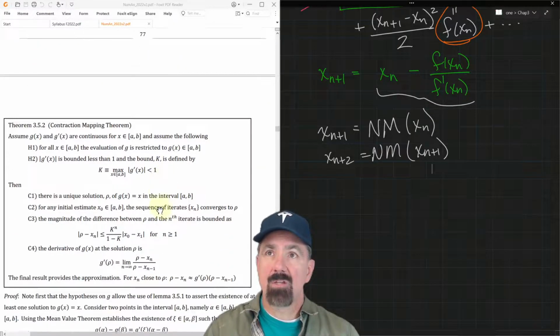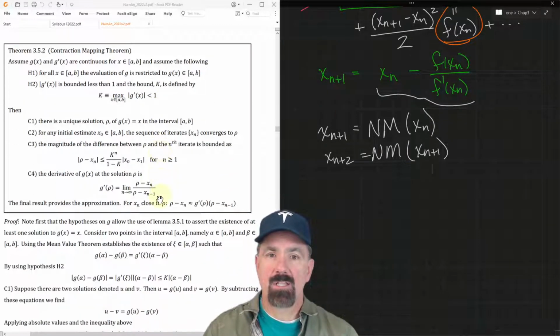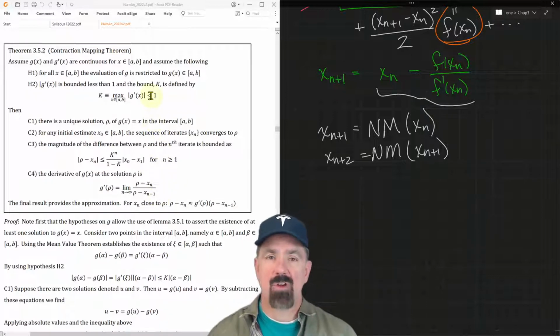What I want to do is get to one of the more important analysis theorems, and this is the contraction mapping theorem.